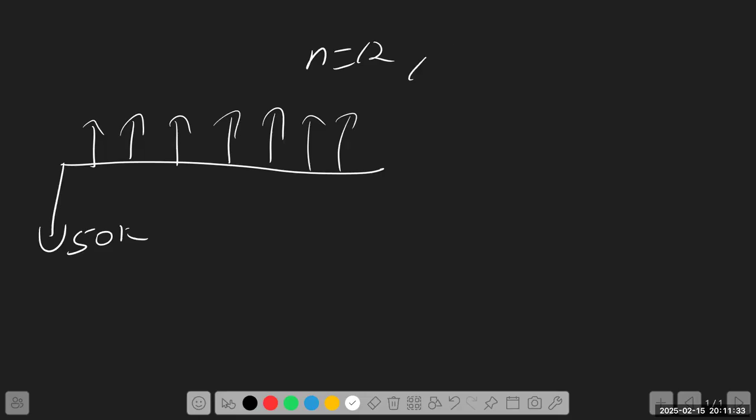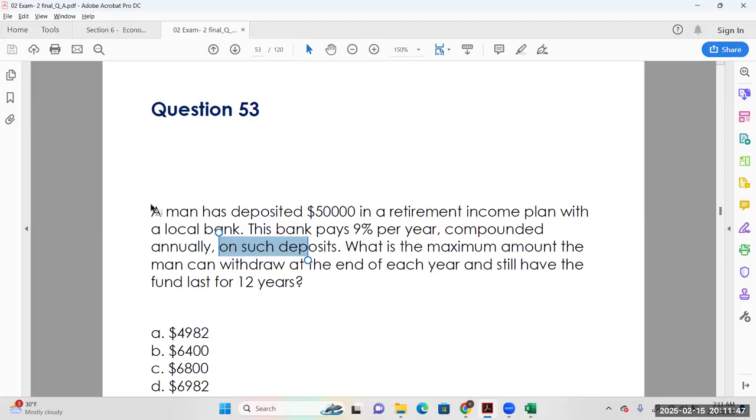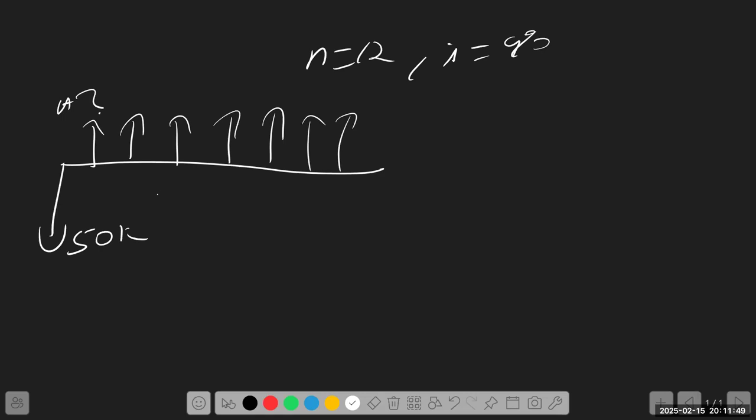How much? 9 percentage. Yeah, 9 percentage. So 50,000 invested, it has to last 12 years, and we want the maximum amount. So A, maximum annuity, how much payout we can take maximum per year.